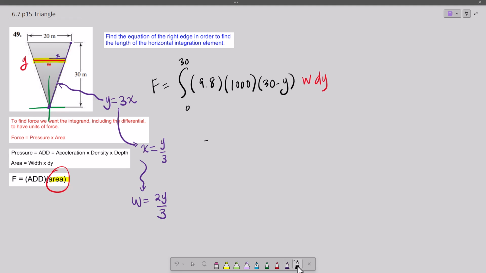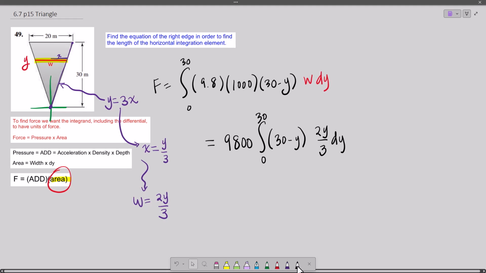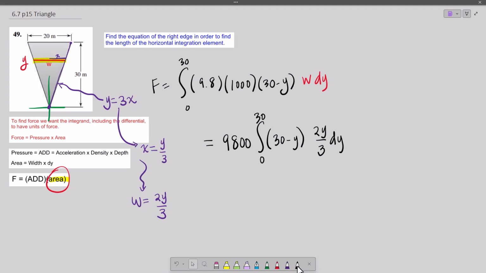And we'll plug our stuff in, pull out our constants, 9,800, 0 to 30. Let's see, we have 30 minus y. W is 2y over 3 multiplied by dy. And the 2 divided by 3 can come to the front.